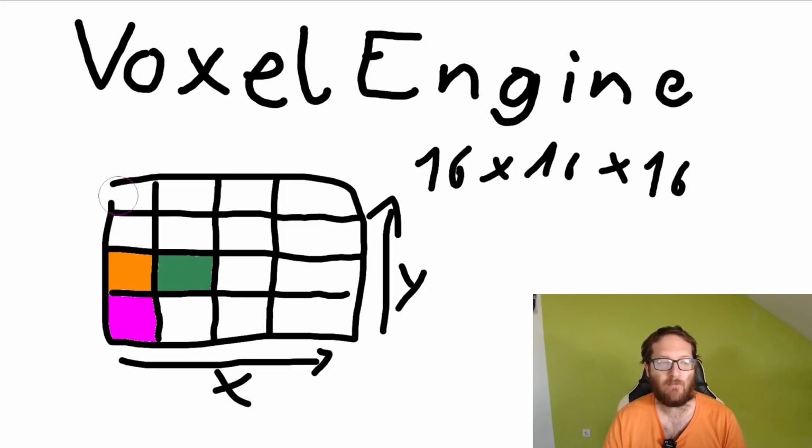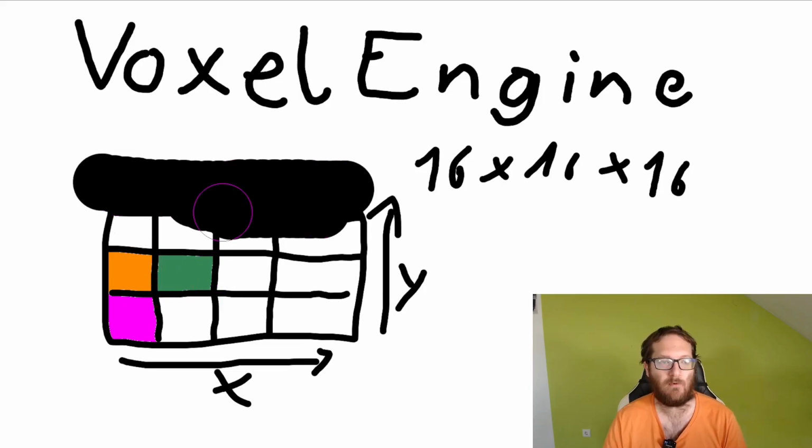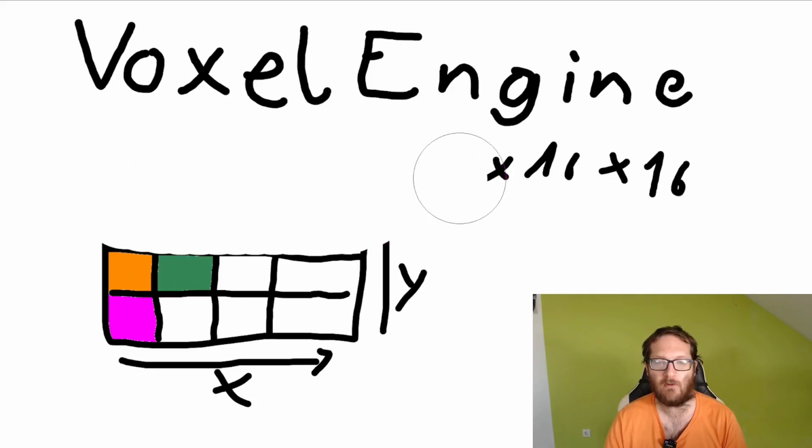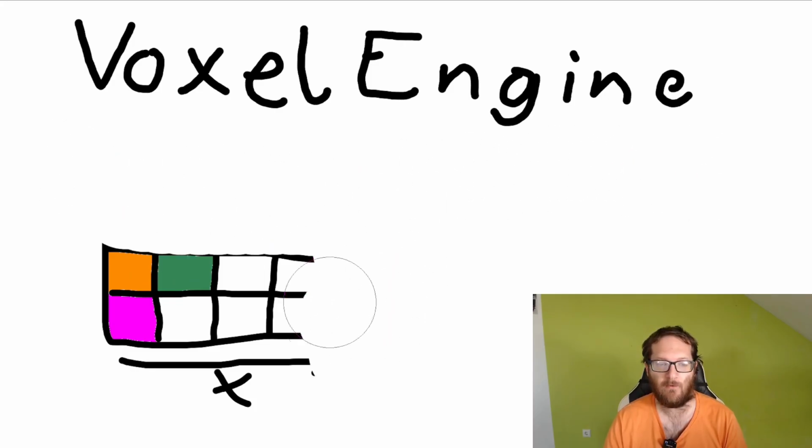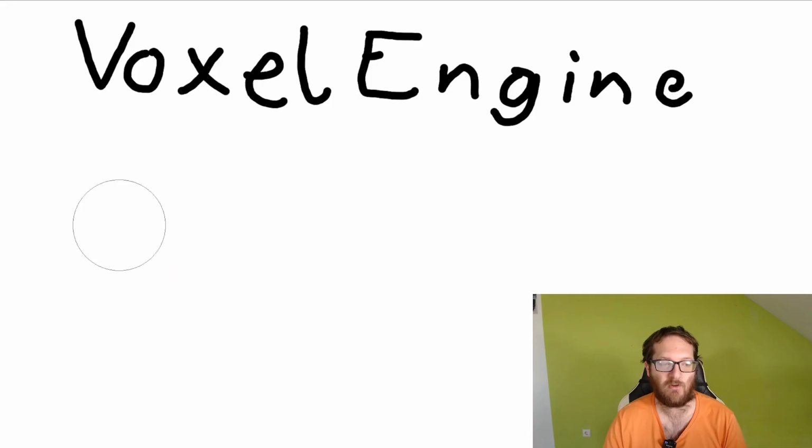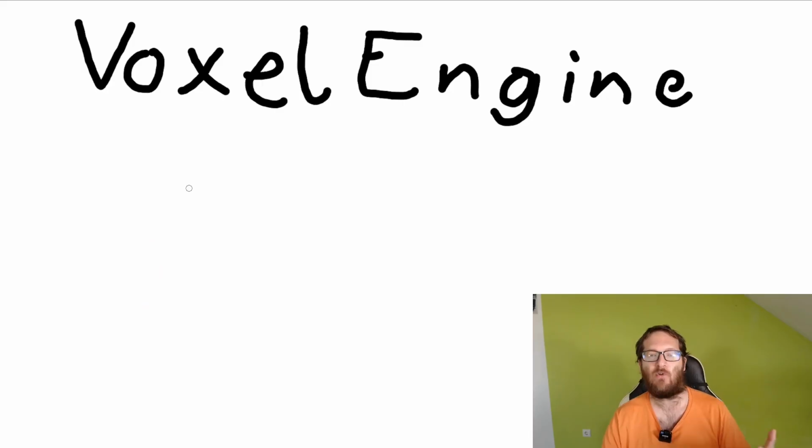And there are a lot of ways, of course, to do the individual voxel. Currently, with my current voxel engine, I'm doing exactly this. I'm doing color-based voxels. And then there's not a lot more. So voxel engines are just grids of data. The data can be very different.